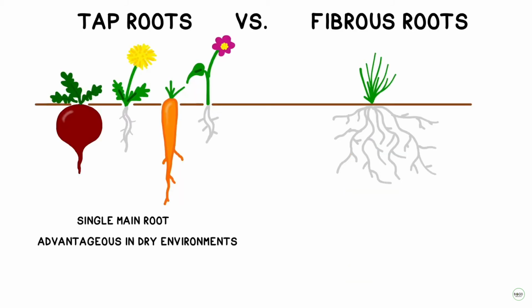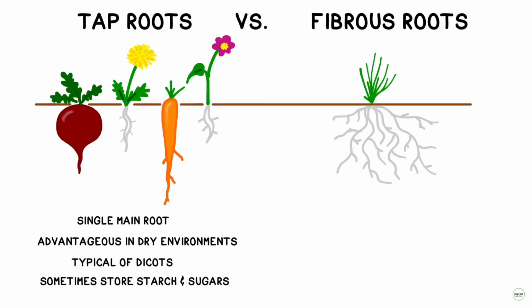Taproots are advantageous in dry environments because they can reach far down into the soil to reach water. Of course, this also makes them much harder to harvest or remove. For instance, think about how difficult it is to remove dandelions from your lawn. Typically, dicots have taproots, and some taproots, like those found in carrots, jicama, or beets, also function as a storage space for sugars and starches.